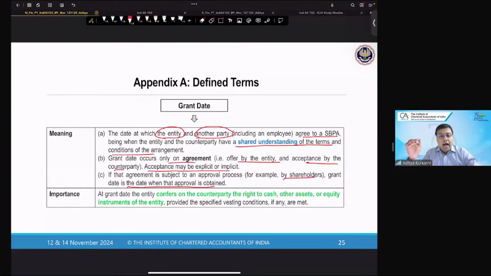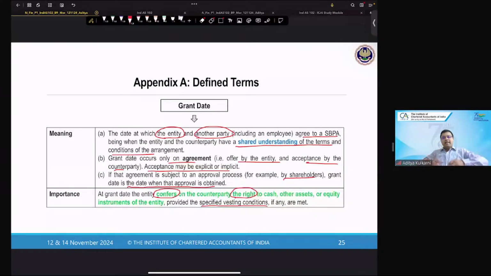Now, why is it so important? Why is grant date so crucial? At grant date, the entity confers, that means it gives the right to cash, assets, equity instruments, etc., provided specified vesting conditions, if any, are met.